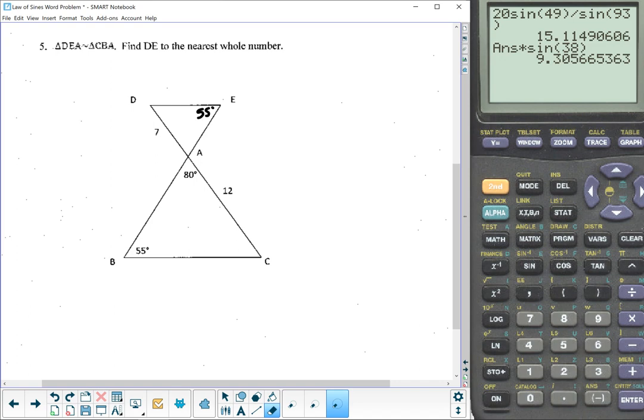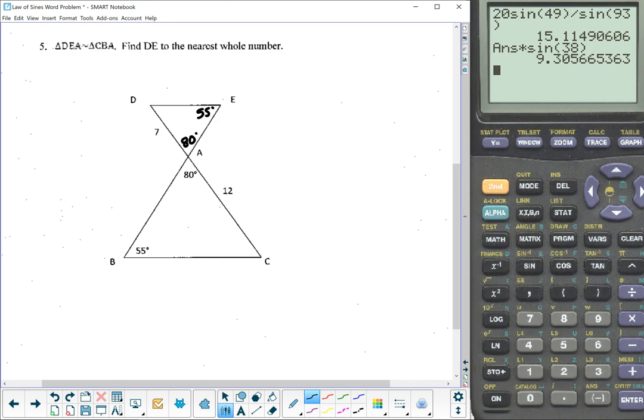And also, one more thing is, because these lines cross, on top right here, this angle is also 80 degrees, because these are vertical angles. And then by default, you can figure out the last one.